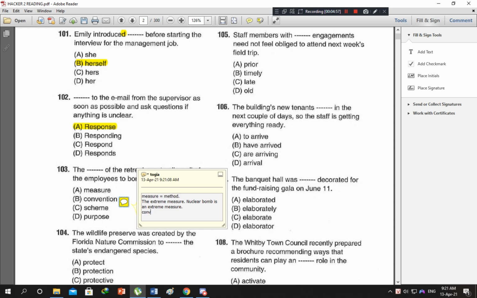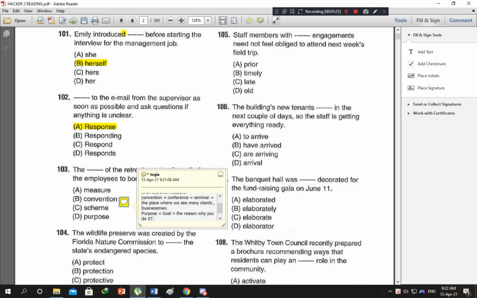Convention is just like a conference, a business meeting, a seminar. It's the place where a lot of people gather, where we see many clients and businessmen. Purpose is the goal, the reason why you do something.